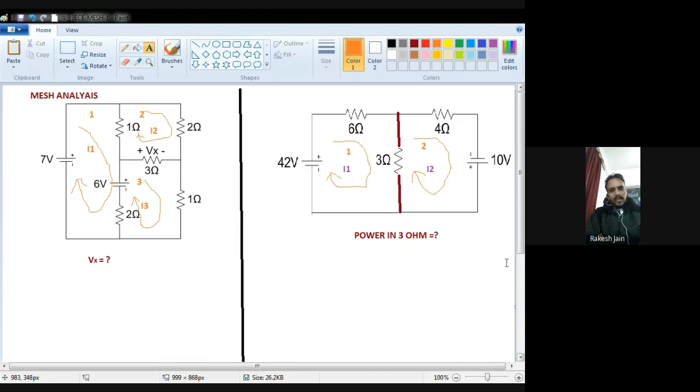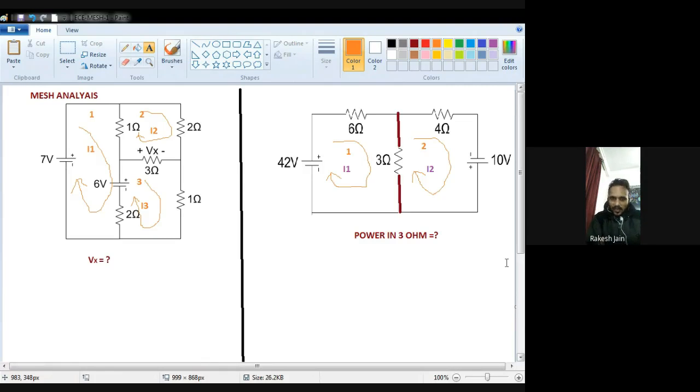Okay. Similarly, when we write the equation for the second mesh with the same 3 ohm resistance, the current I2 passes, but because I am writing the equation for the second mesh, my current is I2, so I write it with positive sign, so plus 3I2, but the I1 current is opposite that time, so I have to write minus 3I1.